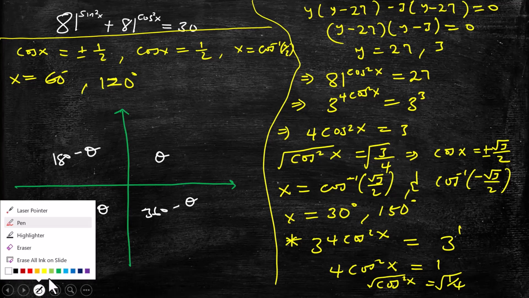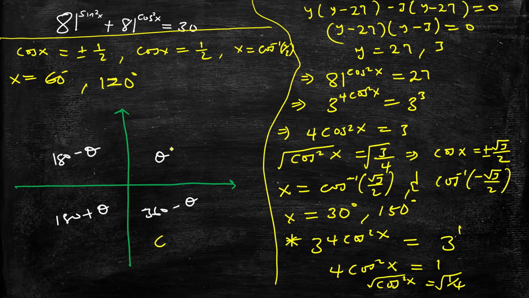Don't forget CAST. Let's look at the first solutions, 30 and 150. Cos is positive in the fourth quadrant, so 30 will give us 330.